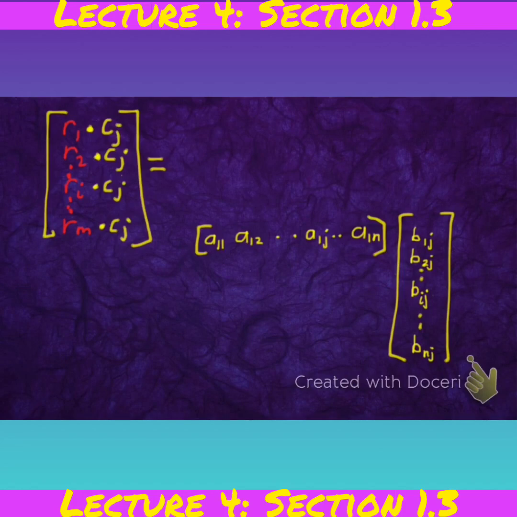Now we know how to work that dot product out. Take the first entry there, multiply it with the first entry in the second vector, and then add that to the product of the second entry in the row vector with the second entry in the column vector.